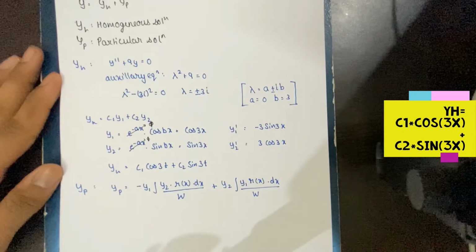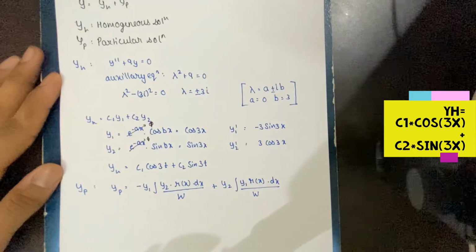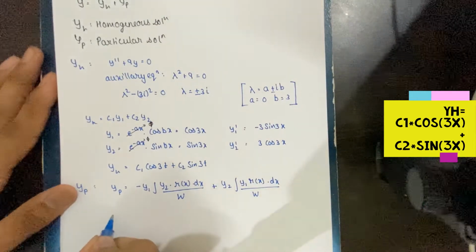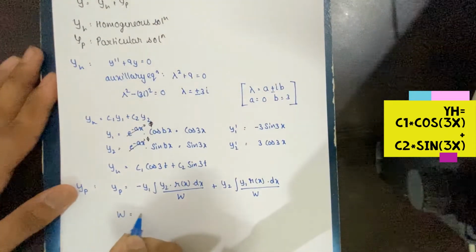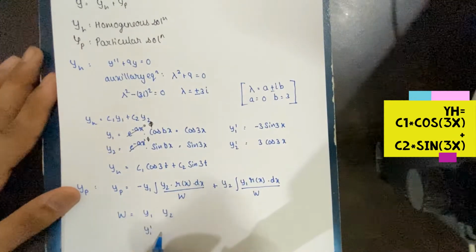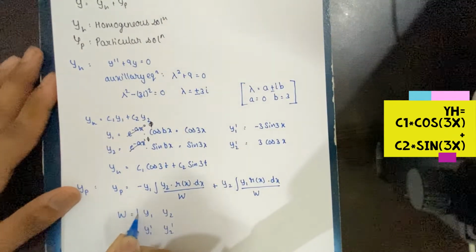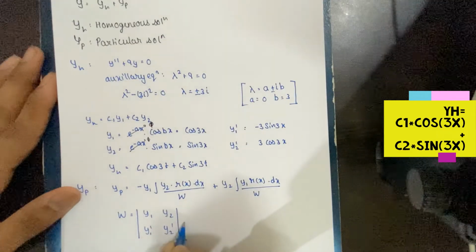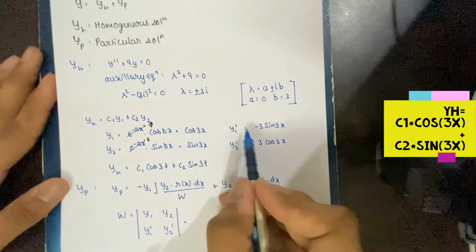Now the Wronskian equals the determinant of y1, y2, y1 dash, y2 dash, and that's why we found them beforehand.